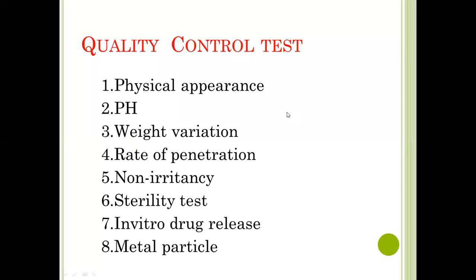Then we check if there is impurity such as metal particles or any other foreign matter present in it or not. So for this the metal particle test is to be performed. You have to take this ointment into the petri dish and after that observe under the microscope.